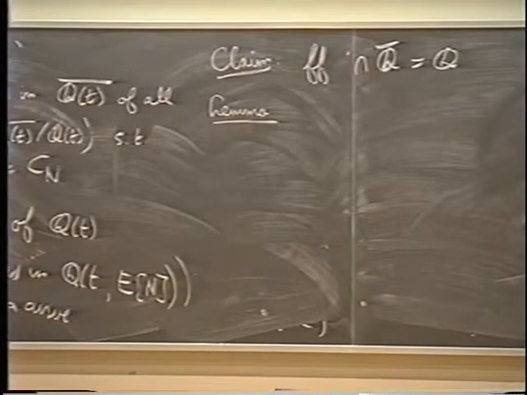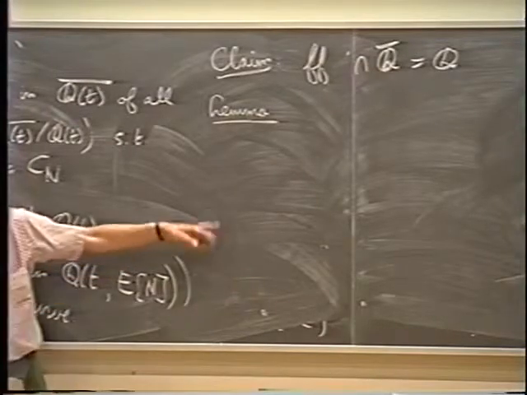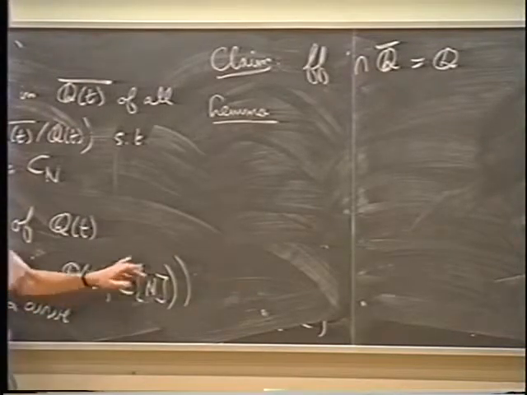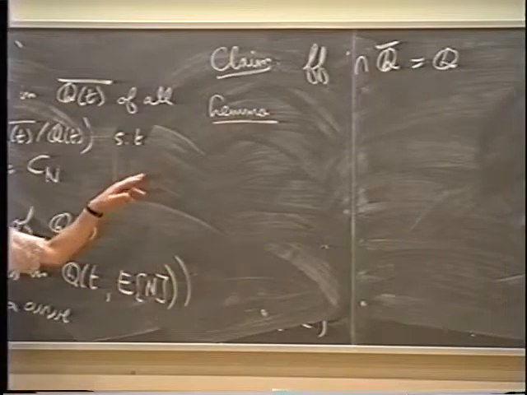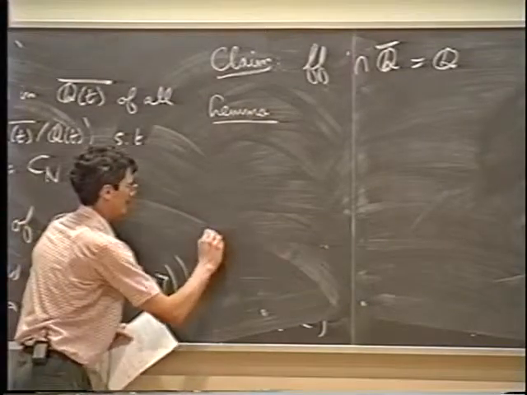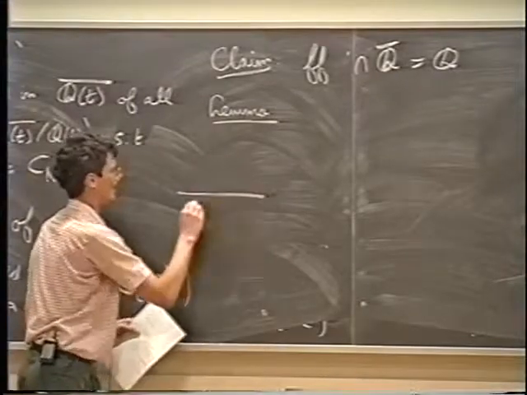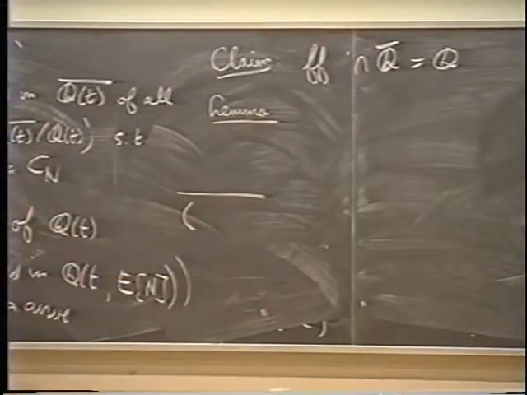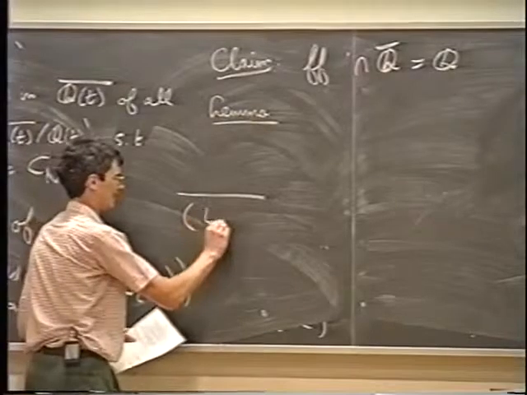So what I'm saying is that adjoining this nth root of unity means that inside this GL, you look at the SL part.